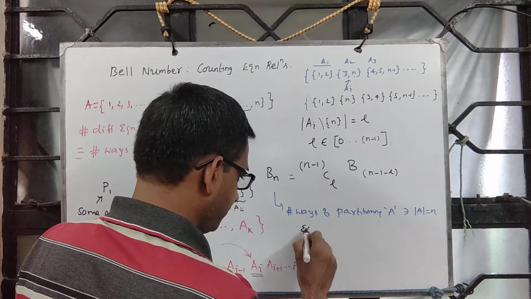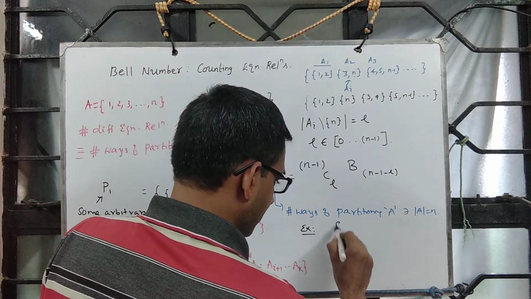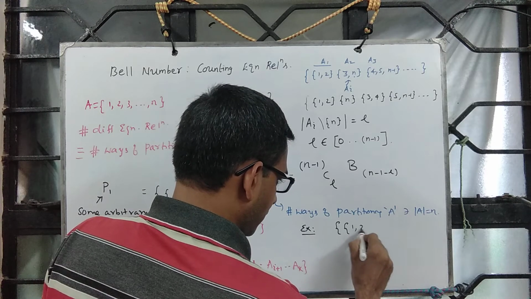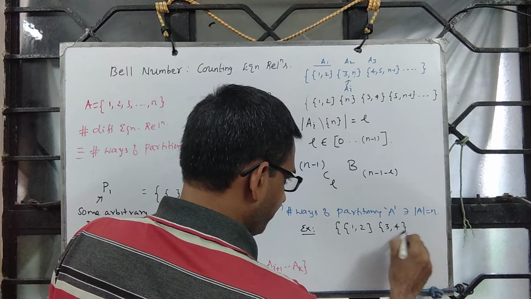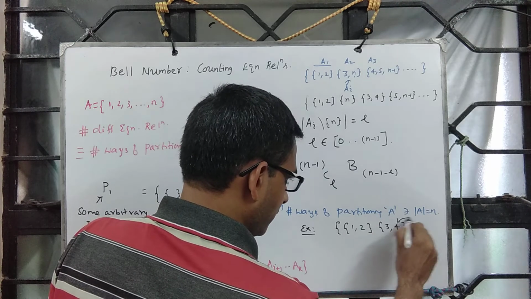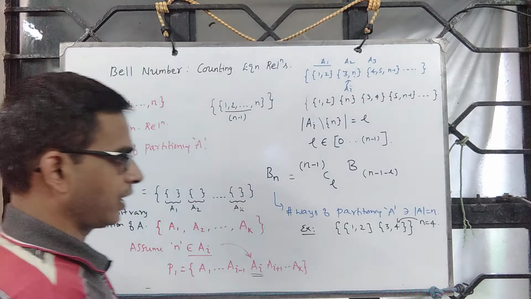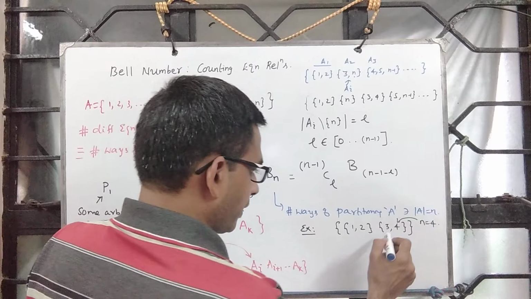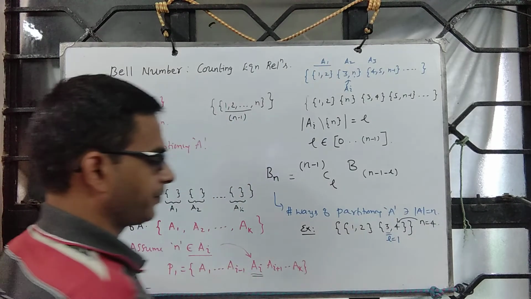For example, suppose you have 1, 2, say 3, 4. Let's assume n is 4. Now, my value of L in this case is 1.